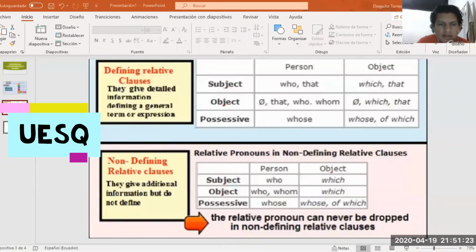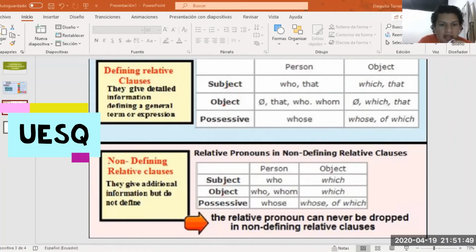Okay. So I was talking about the non-defining relative clauses. These are composed of one relative pronoun, maybe a verb, or optional other elements such as a subject or maybe an object of the verb.